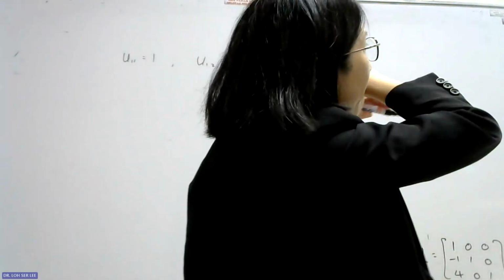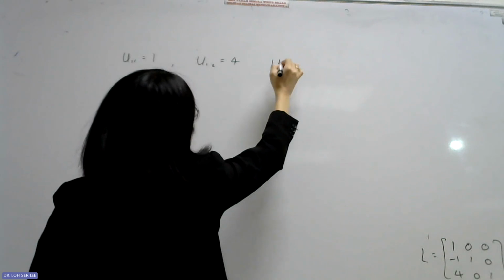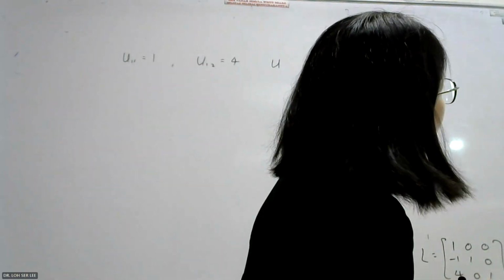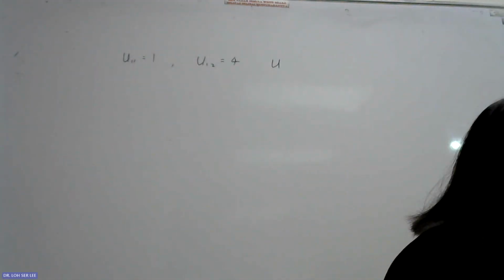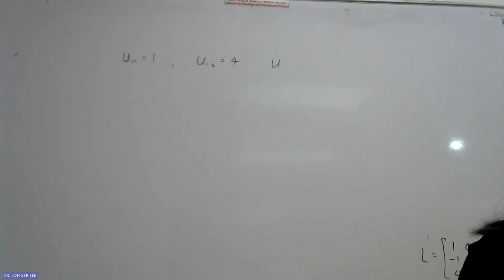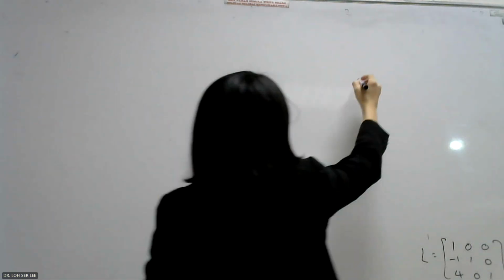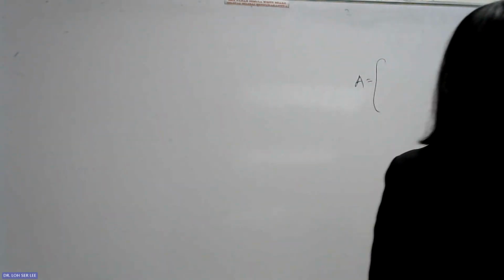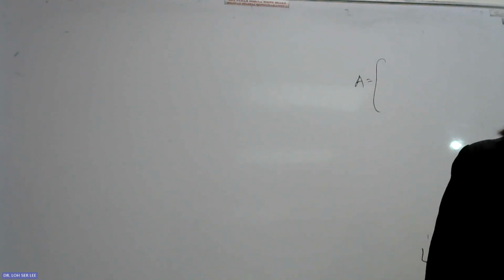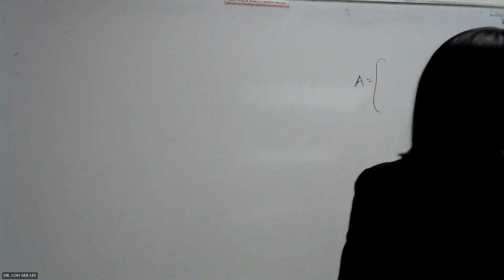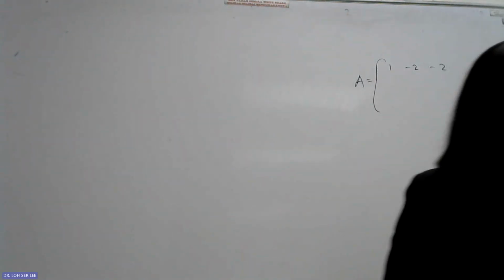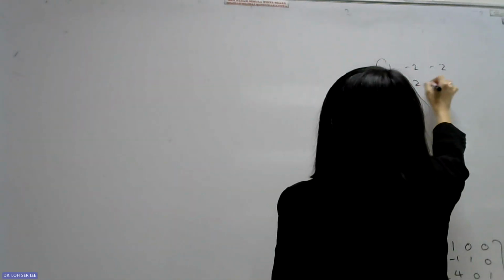U12 is 4. Is it the same matrix? I think it's different. Wait. 1, -2, -2. Oh, different. This is our A. Sorry. Our A is this one: 1, -2, -2; -1, 2, 4; 4, 2, 1.